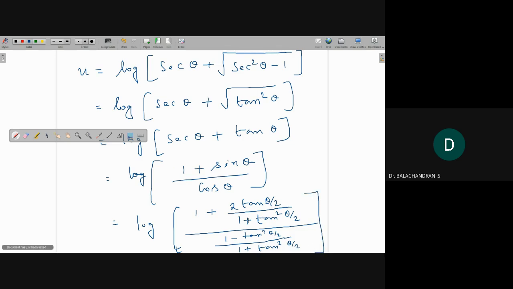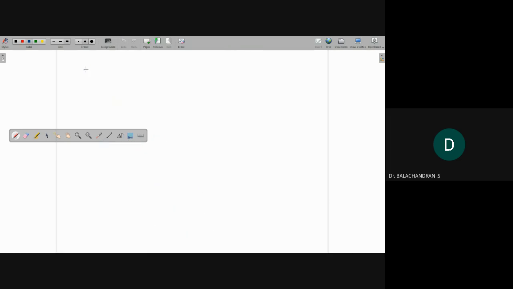Okay, in the numerator take the LCM 1 plus tan square theta by 2. If you take LCM, then you can cancel 1 plus tan square theta by 2 and 1 plus tan square theta by 2. So that is equal to log.